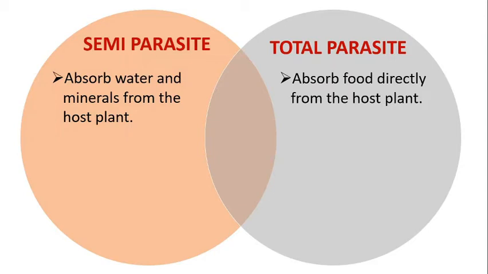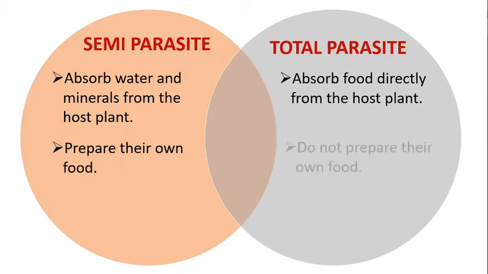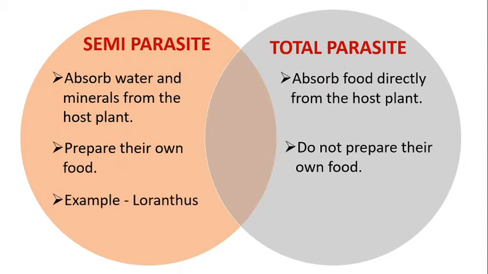But in case of total parasite, they absorb food directly from the host plant. The second one is that semi-parasite prepare their own food. But in case of total parasite, they do not prepare their own food, but they absorb food directly from the host plant. And the example for semi-parasite is Loranthus. An example for total parasite is Cuscuta and Rafflesia.